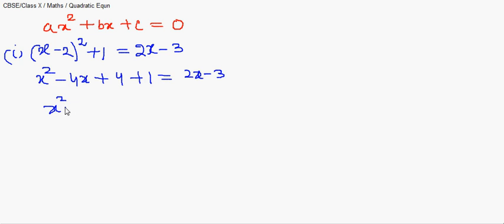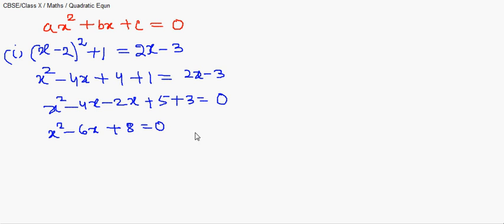Let's carry everything to the left, all the terms, and this was 5 and this is 3. If I solve, I'm getting this as 0. So this is of form ax square plus bx plus c, where a is 1, b is minus 6 and c is 8. Let us now take up another question.